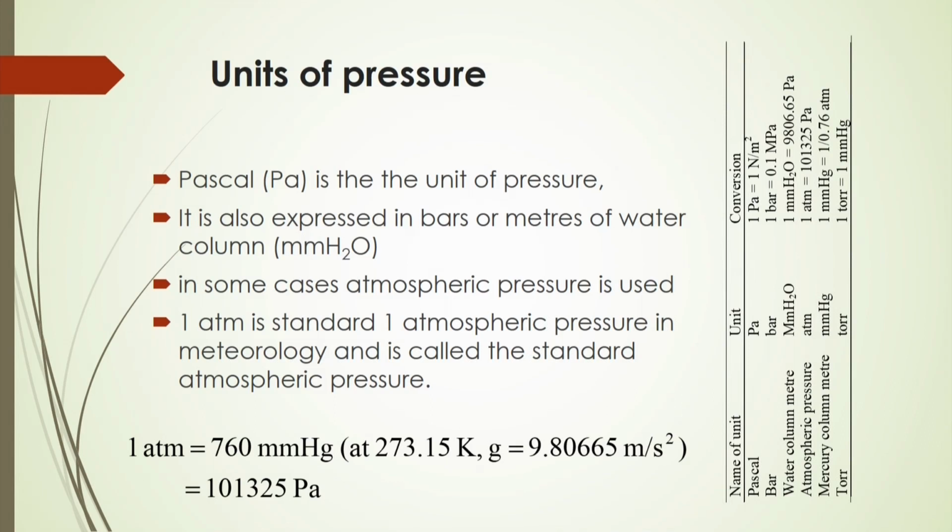In this way, from this table you can calculate the pressure. Pressure can also be expressed in the unit torr, where 1 torr equals 1 millimeter of mercury.